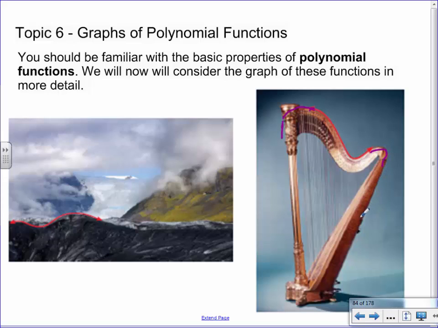Doesn't that have a bit of a shape to it? Like maybe an upside down to the power 4 graph? This one right here, maybe that's like a cubic kind of graph. It depends on whether you actually do another rise in the mountains or not. Does that make sense where I'm going here? So a lot of things are graphed when you can find a function that fits it.